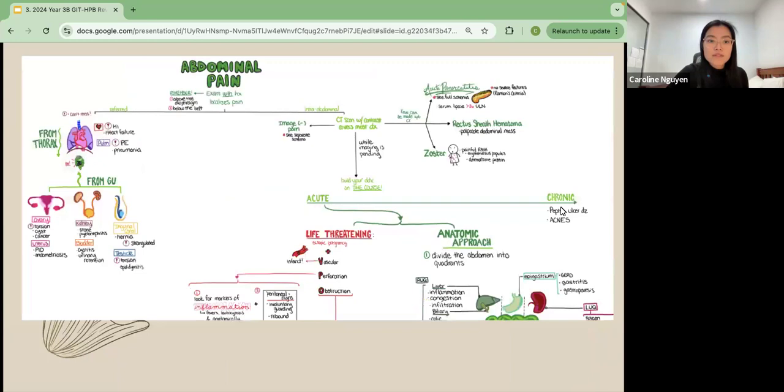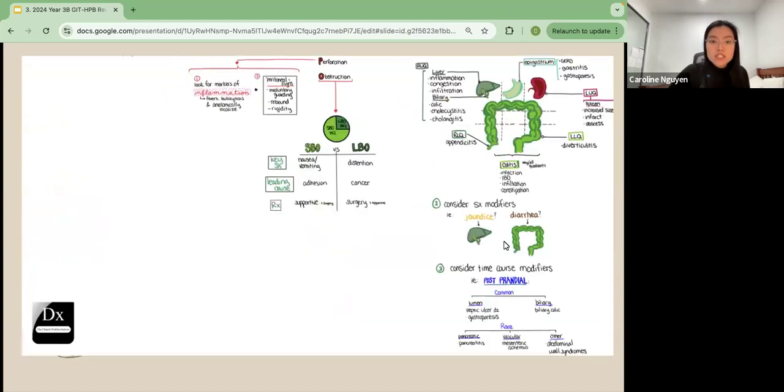So to break it down, we've first got to rule out respiratory conditions, rule out genitourinary and repro conditions, rule out appendicitis if it is necessary, and then break the rest down into acute and chronic. Chronic is going to be things like peptic ulcer. Under acute, you've got life-threatening: vascular, perforation, obstruction, and ectopic pregnancy, like we discussed. And then an anatomical approach once we've ruled out the life-threatening conditions.